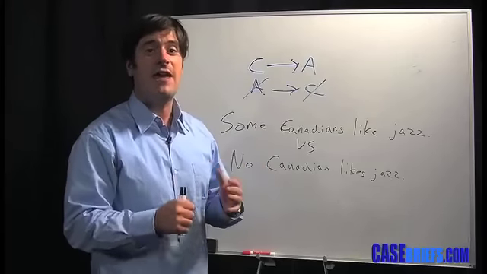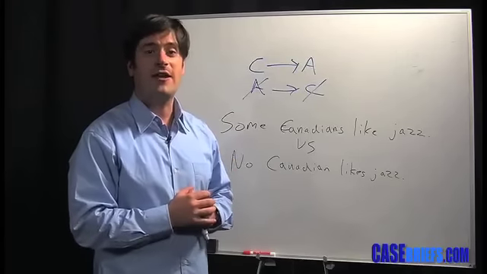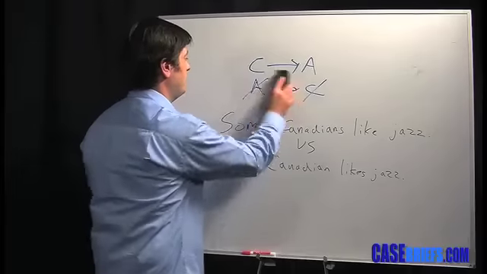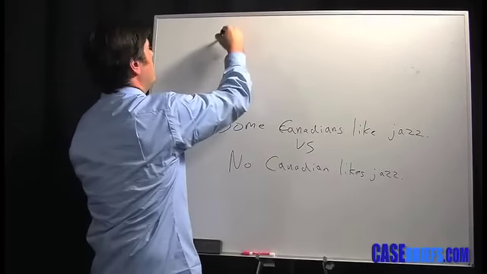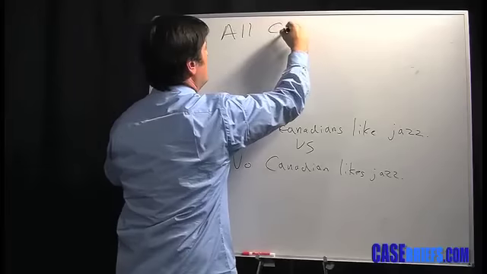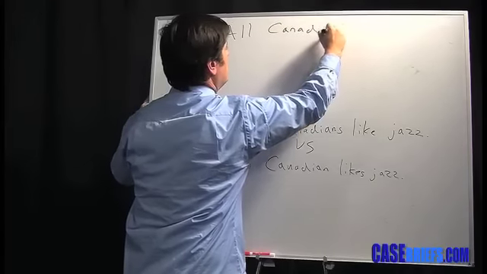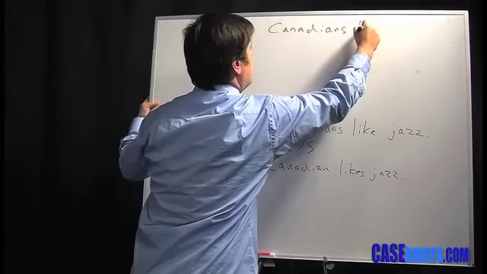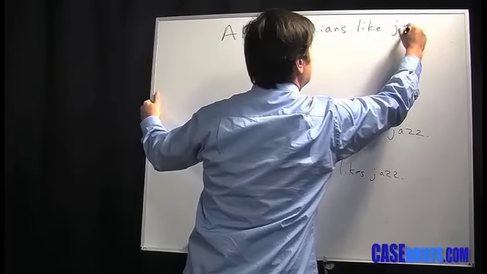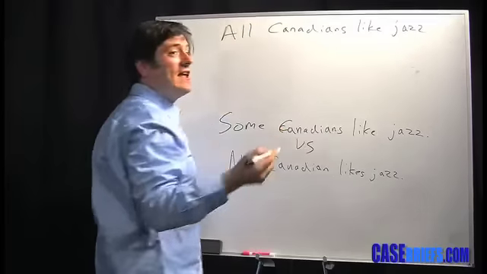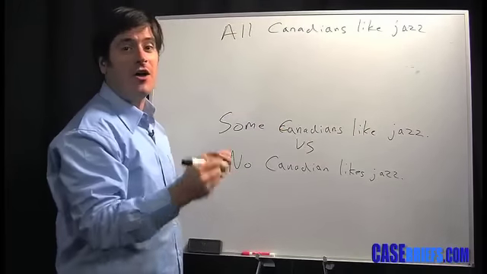Now let's take a look at the second example I gave you, all Canadians like jazz. The negation of all is not all.